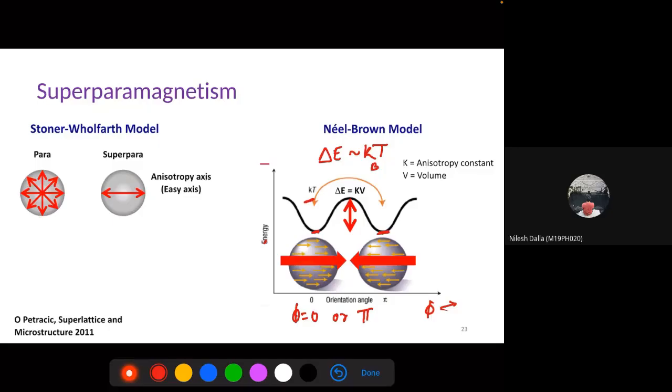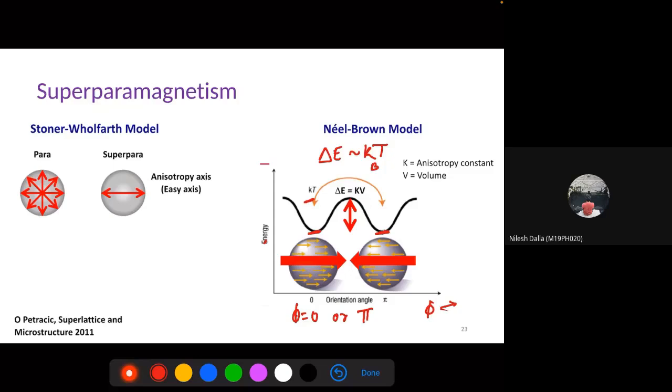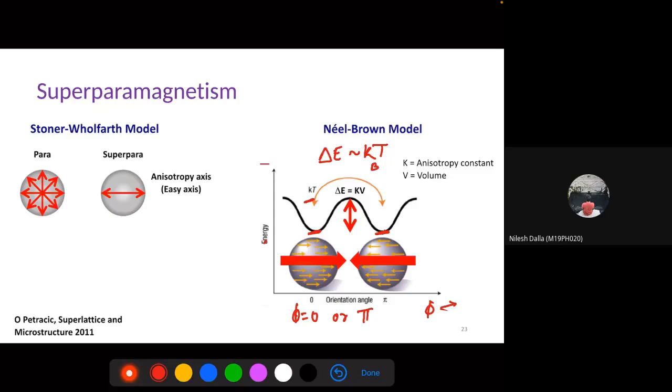Due to the thermal energy, it can fluctuate between these two valleys. Both are stable configurations, but since you have a thermal energy kBT which can overcome this barrier, there can be a jump from one configuration to the other, and that is what basically leads to your thermal fluctuation.